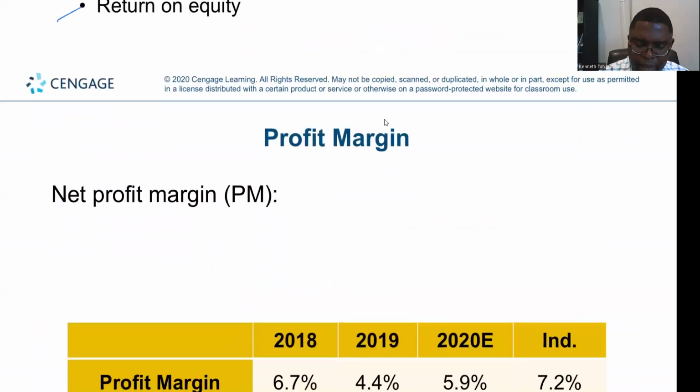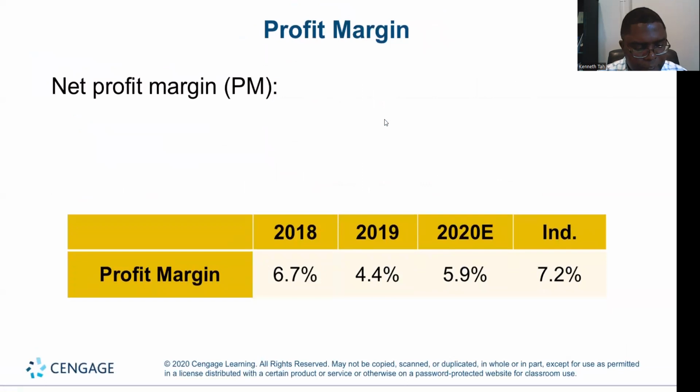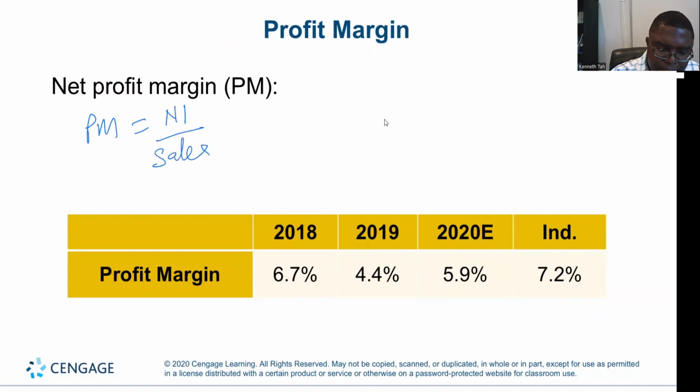So we'll go to the first, which is profit margin. Profit margin gives us the profit per dollar of sale. The formula is net income divided by sales.